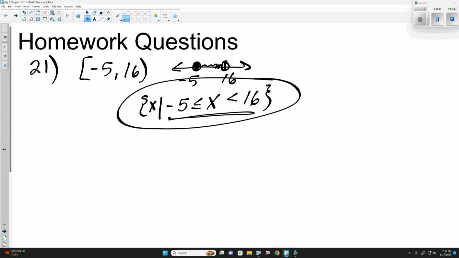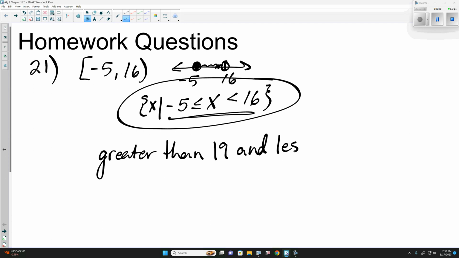Can you go over 26 real quick? I think that's the set of all real numbers greater than 19 and less than 32. So we need the inequality first.